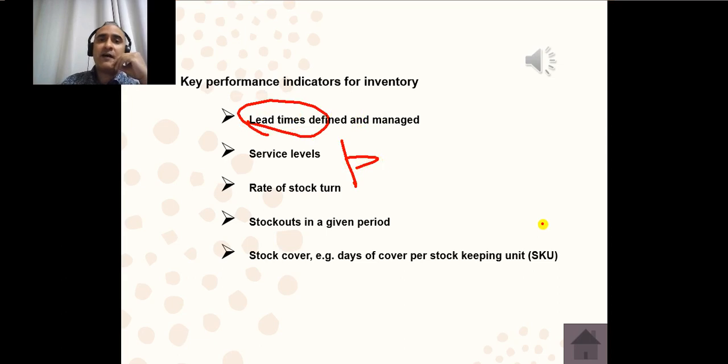Why? Because we had enough inventory, or if we didn't have enough inventory, we're not meeting those service levels. We also look at stock turn, how much is turning over, whether we're producing, selling, receiving, how often that whole cycle happens.